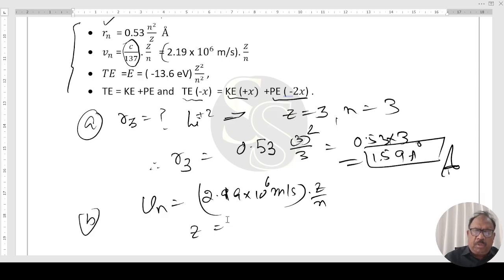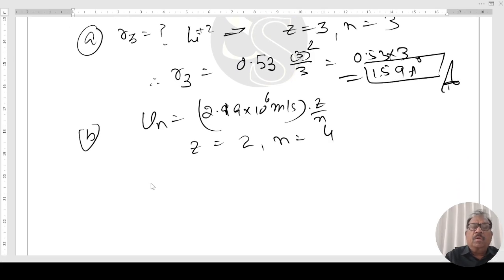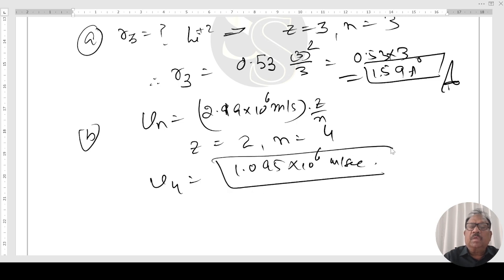Z for helium is 2. N equal to 4. So substituting the values, V4 comes out to be, on simplification we get 1.095 into 10 to the power 6 meter per second. This is the second answer.